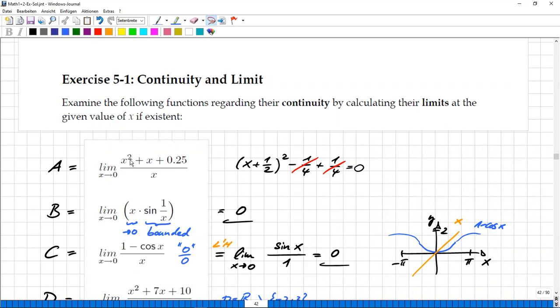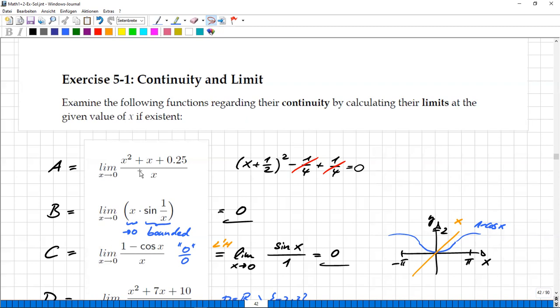You know what this is? The grade is the highest exponent that you find in this polynomial, while the denominator grade is obviously equal to 1. Since the numerator grade is not lower than the denominator grade, this is a so-called improper rational function.